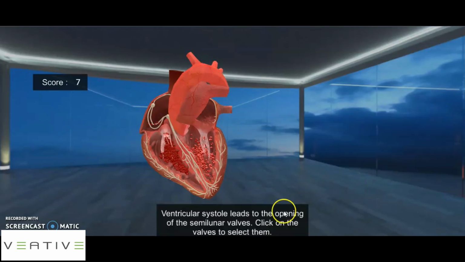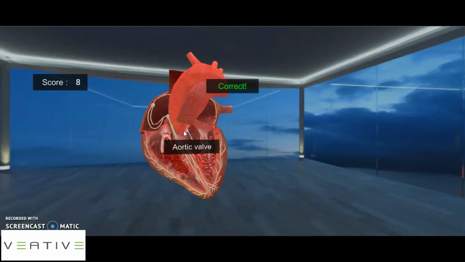Next question. Ventricular systole leads to the opening of the semilunar valve. Click on the valve to select them. Which one is the semilunar valve? At the opening of the aorta and also at the opening of the pulmonary artery.